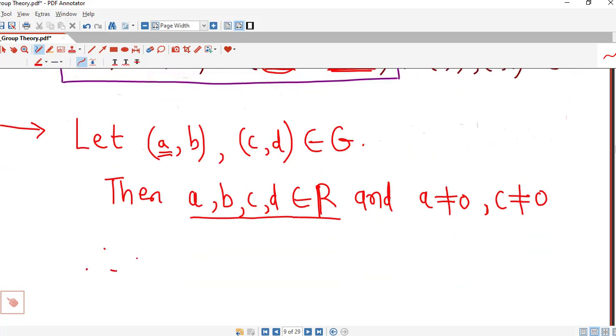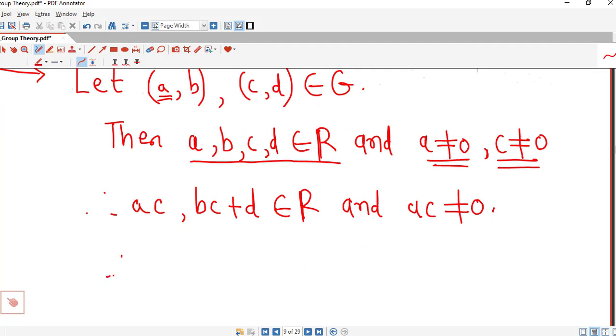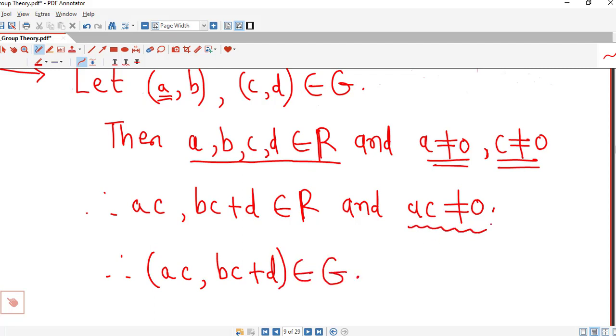So we can write that ac and bc + d belong to R, and because a and c are non-zero, their product is also non-zero. So a into c is non-zero. Therefore the ordered pair (ac, bc + d) is an element of G because the first component is non-zero and both components are real numbers.